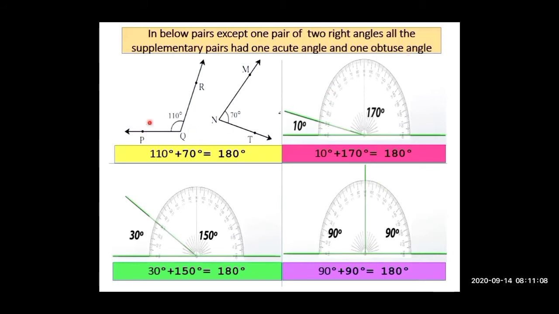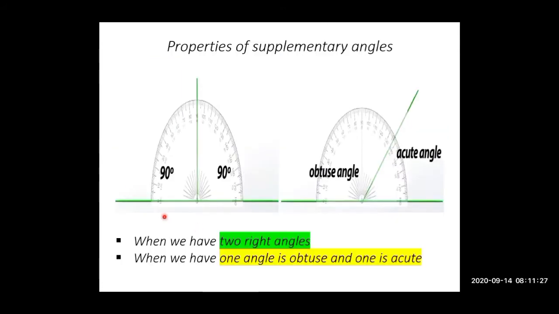Yes, here one obtuse angle, one acute angle. Here also 110 degrees, 70 degrees. So 70 degrees is an acute angle, this is an obtuse angle. So these are the important properties of supplementary angles.